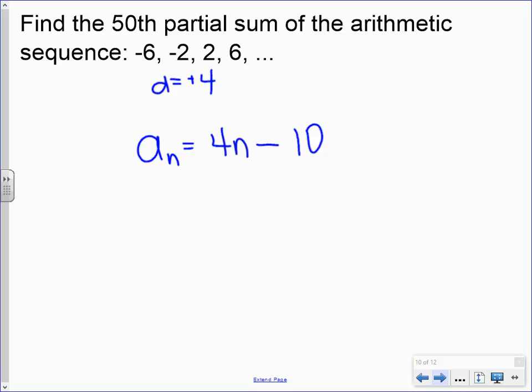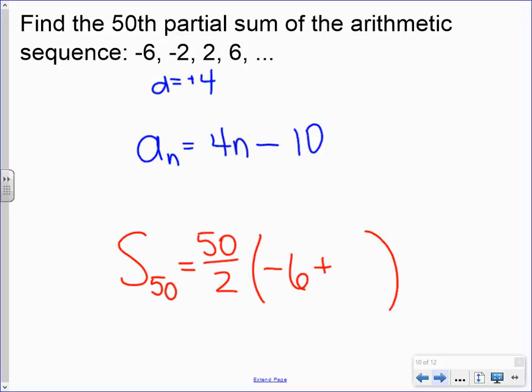So in order to find the 50th partial sum, we're going to have 50 terms that we're pairing up. Our first term is -6, plus we need our last term. In order to get our last term, we need to know what a sub 50 is. Okay?